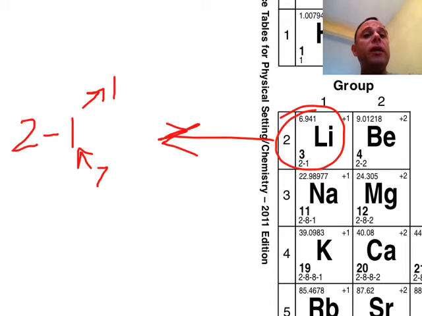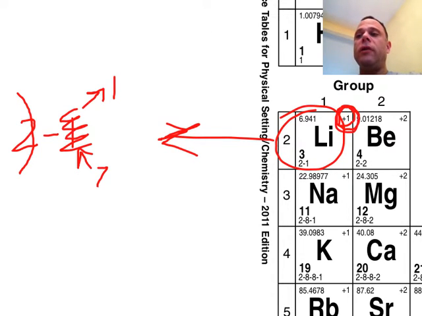It is far easier to lose the 1 than to gain 7. So lithium will lose this 1 outer electron. This first shell is now the valence shell. It is stable. And lithium now has a +1 charge because it was neutral, but it lost now an electron. So this +1 that I'm circling suggests that that is in fact what occurred.